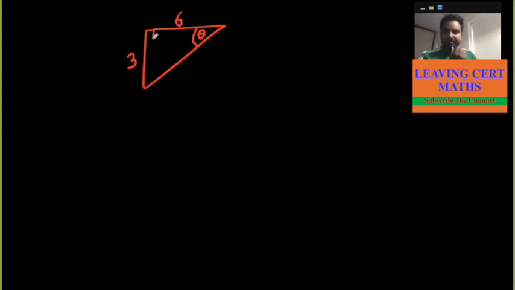Yeah, try this question. So c squared equals a squared plus b squared. C squared is x, you don't know yet. So x squared equals 3 squared plus 6 squared.